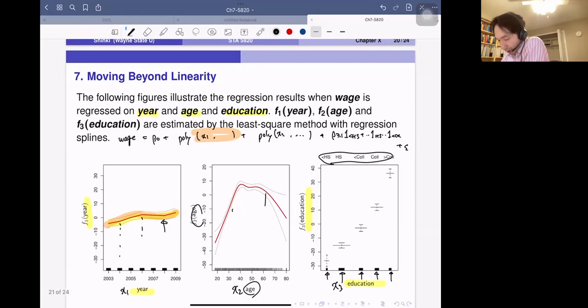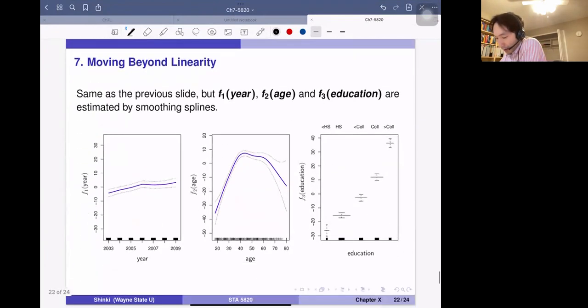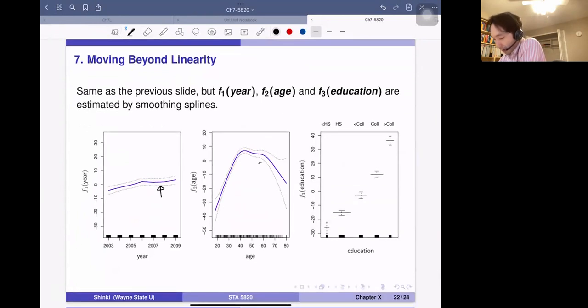I don't know what's the degree of polynomial. Maybe this one, 3-degree polynomial, and this is more complicated, maybe 4-degree polynomial or something like that. And this one is by spline. So this is the spline, and this is spline, and this is probably the same. So indicator functions for each level.